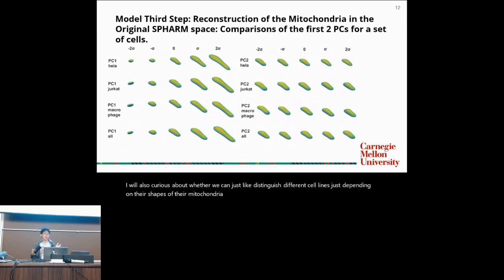But from this image, the mitochondria reconstructed by our model are not distinguishable from each other, so we can draw a short conclusion that we may need more cell lines or a larger data set to perform such analysis. Hopefully, we can see some significant result in the future.